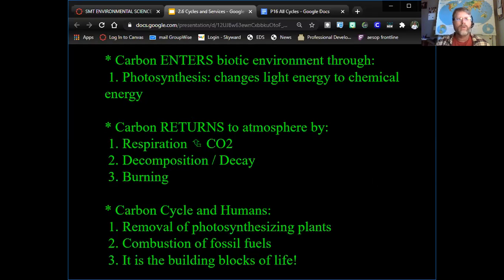Or the other one is burning, whether it's burning leaves or burning fossil fuels or burning wood, that all is going to send carbon dioxide back into the atmosphere.